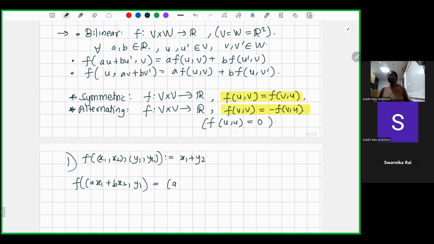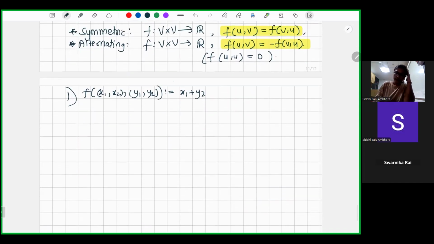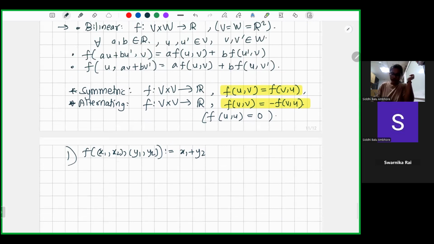We must have three elements first of all. Okay, so we will take these two.